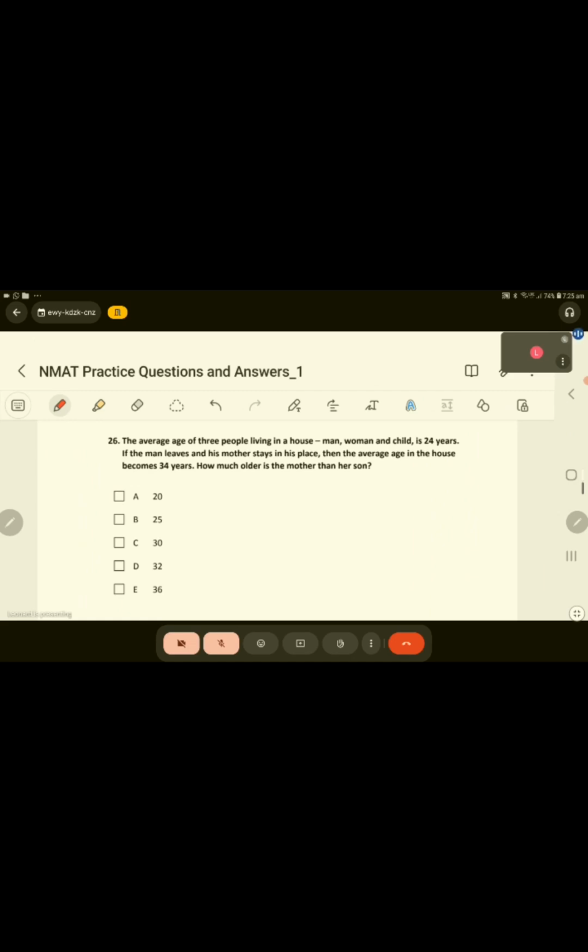By now, you already know that sum is average times number. So sum 1 is the number of people, 3, times the average, 3 times 24, that is 72. Do you agree with me? And sum 2, the second scenario when we are replacing, is also 3 times 34. What is 3 times 34?